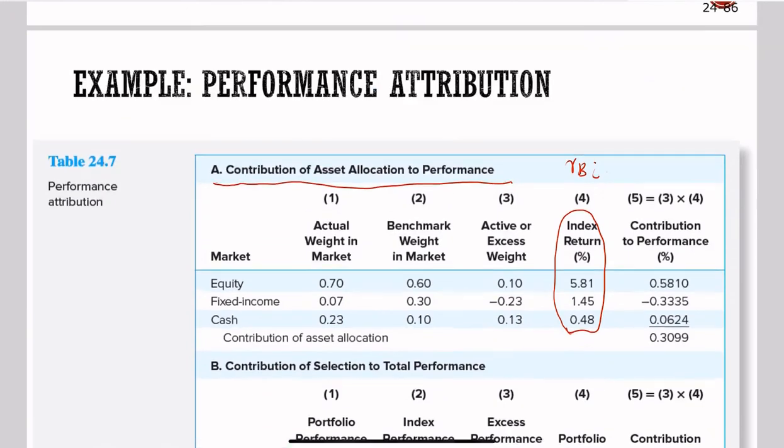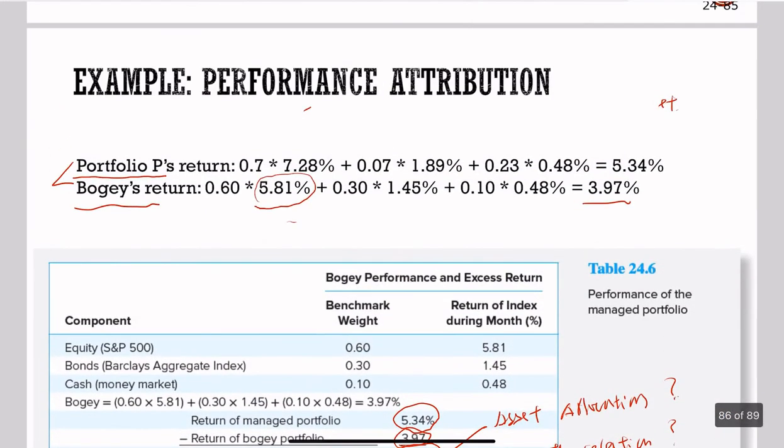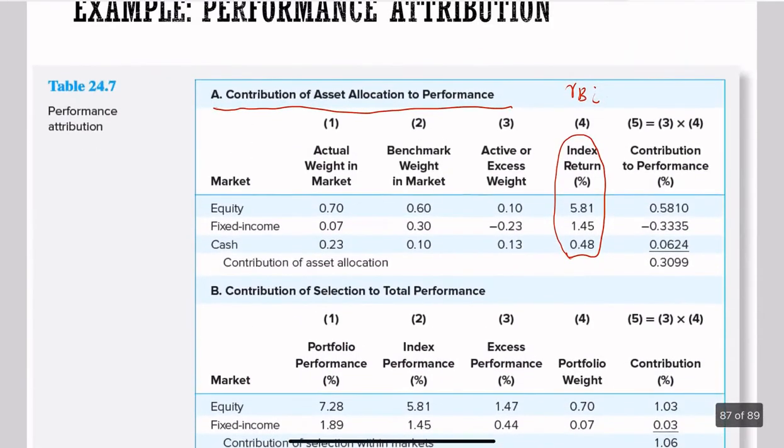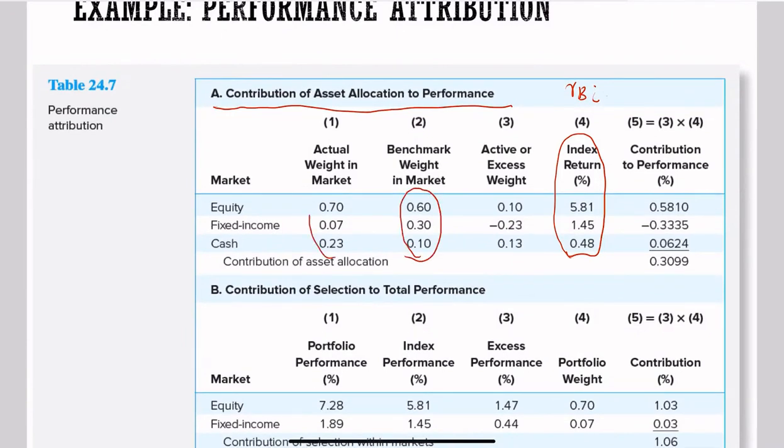These two portfolios definitely have different portfolio weights, right? So it's 0.7 in equity for portfolio P and 0.6 in equity for the Bogey portfolio. So we will write down the portfolio weight for the Bogey portfolio and the portfolio weight for our portfolio P, and then we'll look for the difference.